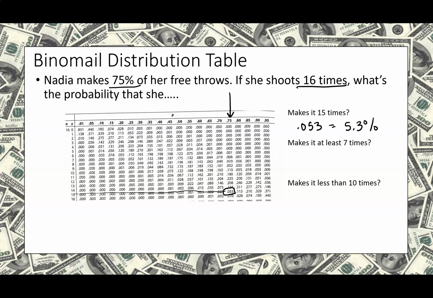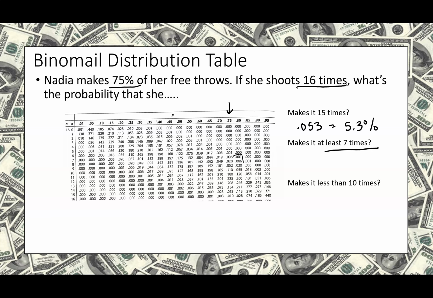Sweet. Okay, now what's the probability she makes it at least 7? Okay, does that mean that 7 works? Is 7 at least 7? Yeah. So for at least 7, we are going to circle the 7. So where are we at again? We're at 0.75. So circle the 7. I think that's 7 right there, right?